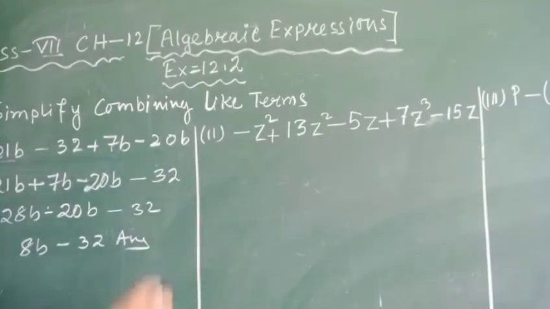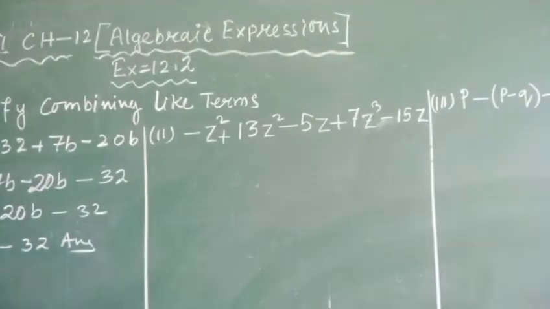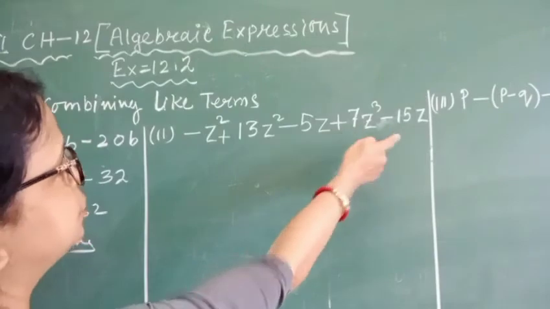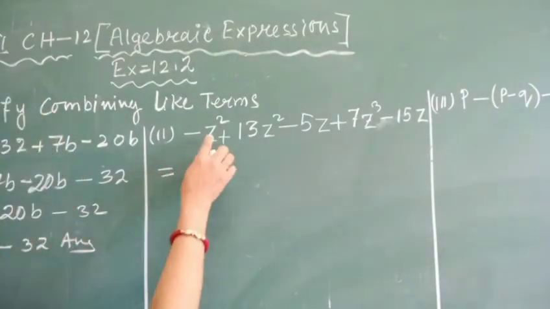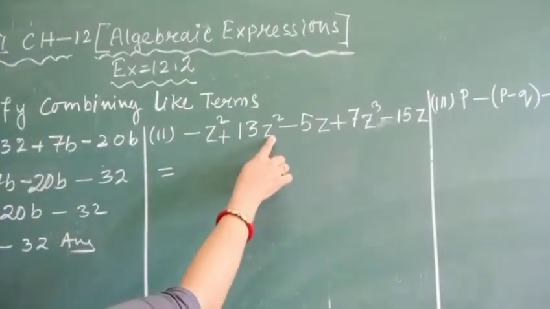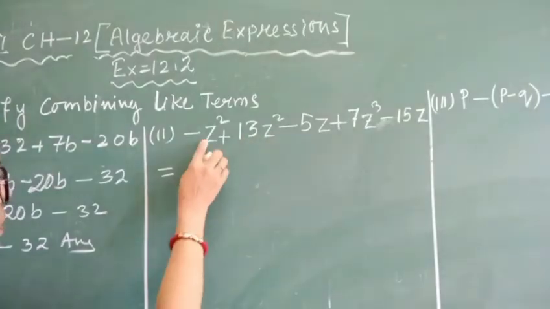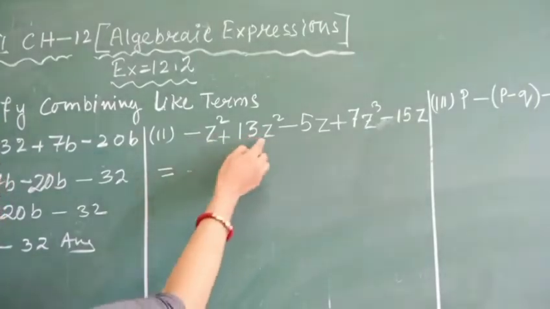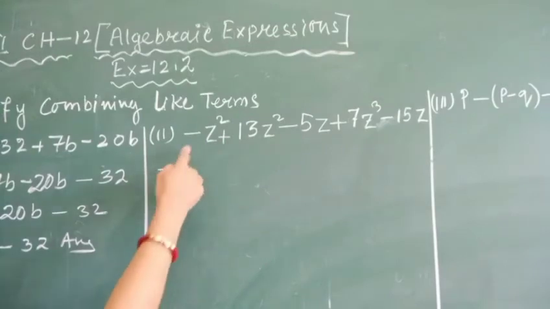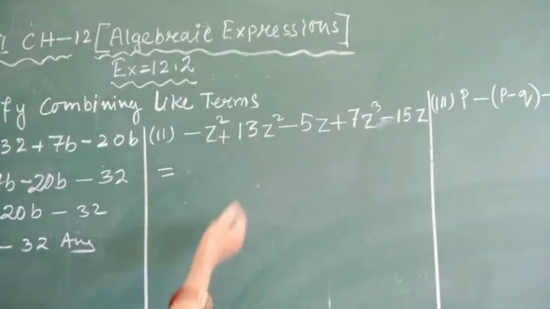Question number 2: z square plus 13z square minus 5z plus 7z cube minus 15z. So z square terms are like terms. Minus z square plus 13z square are already arranged so that like terms are side by side.